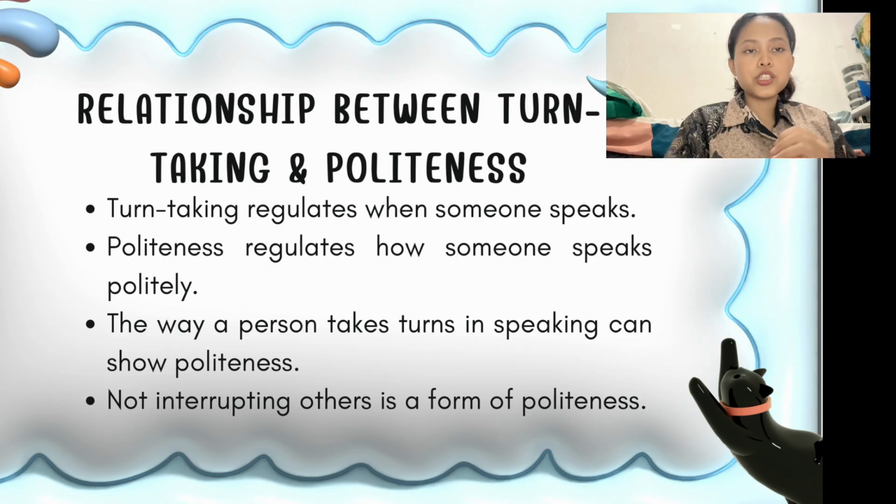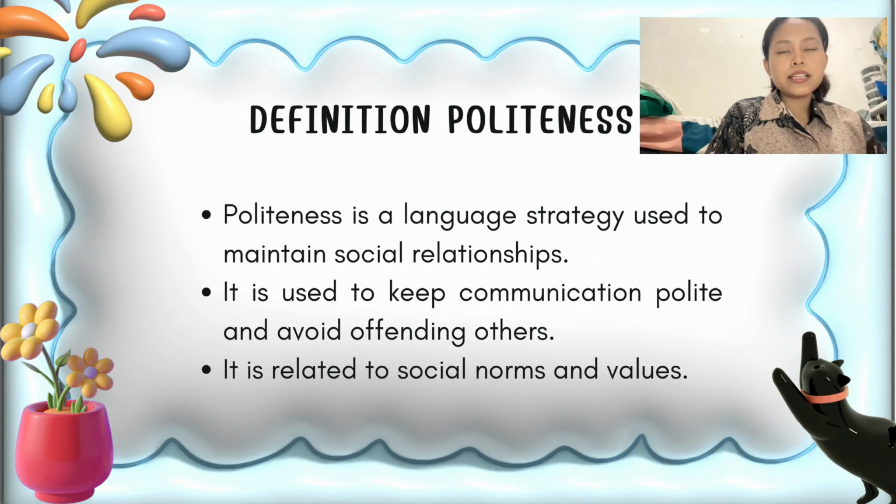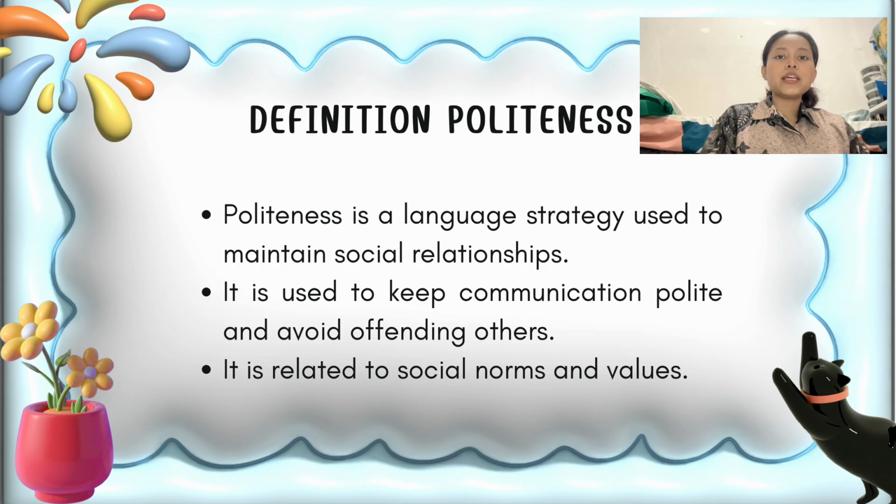Let's look at the definition of politeness. Politeness is a language strategy used to maintain social relationships. It is used to keep communication polite and to avoid offending others. Politeness is closely related to social norms and values in society.